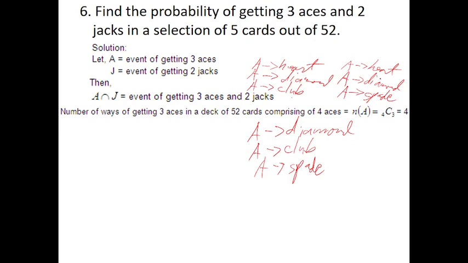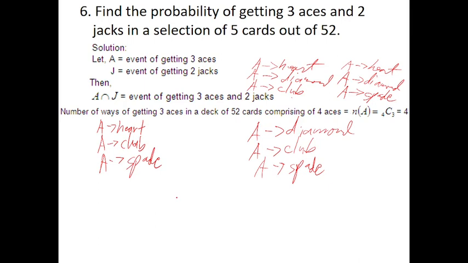Ano pang possible combination? Ayan, di ba? Heart, club, spade, heart, diamond, club, heart, diamond, spade, diamond, club, spade, then heart, club, spade.